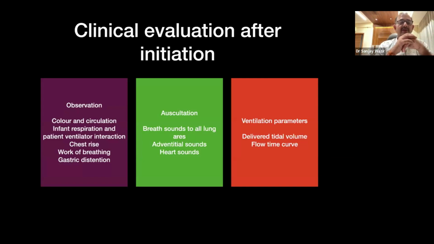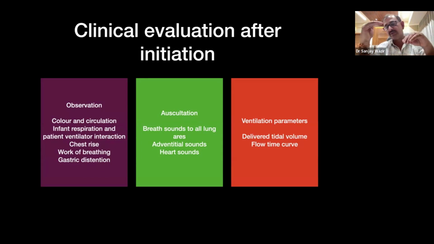The second thing is to look at the baby's respiration and see whether the baby is fighting the ventilator. If the baby is fighting, of course there is something not right, because the baby is not comfortable with the support that you're providing.